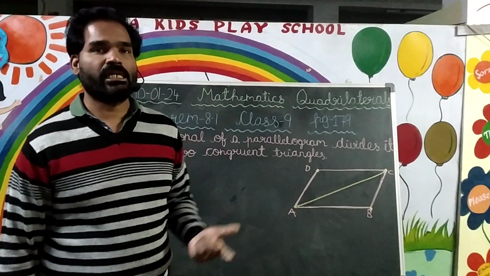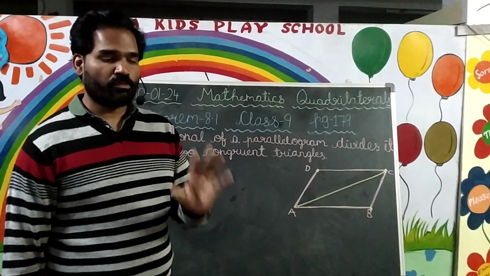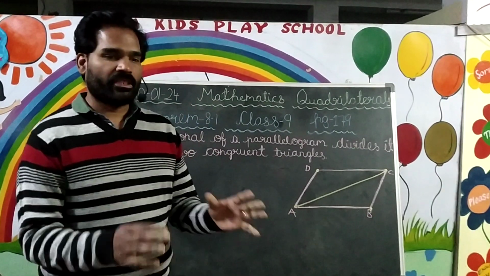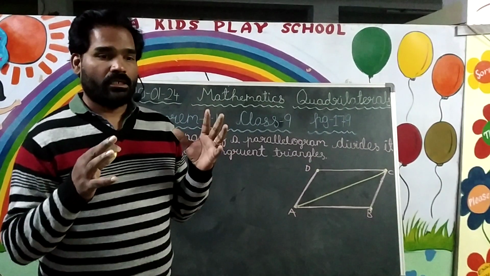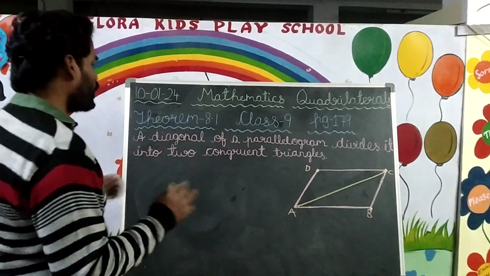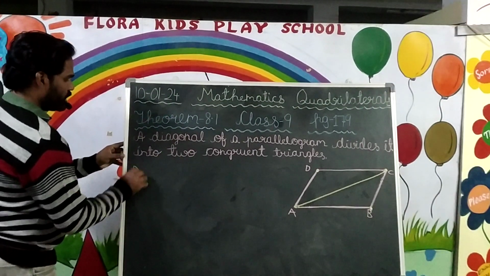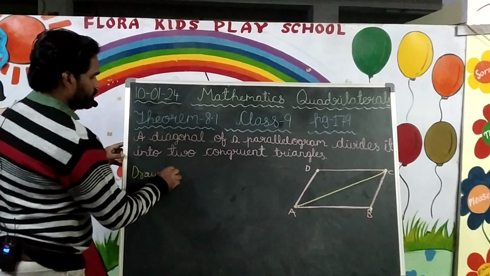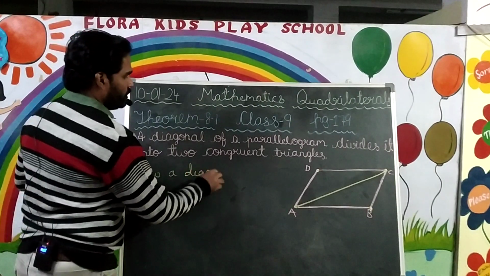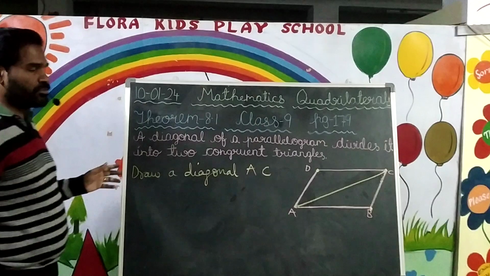Simply saying it orally is not enough, we need to prove it. We need to prove it geometrically and with logical reasoning, showing how they are equal. So watch very carefully. At first, we will draw a diagonal AC. That's the first thing to do.